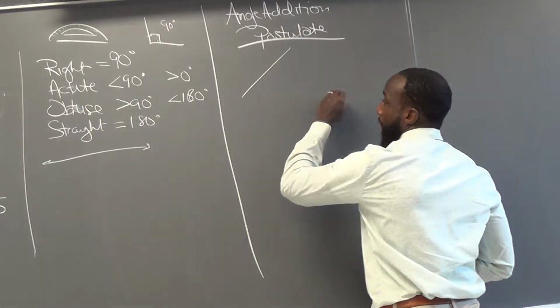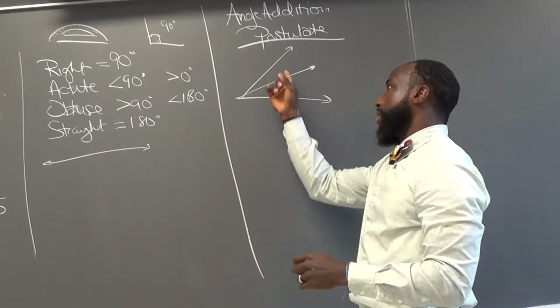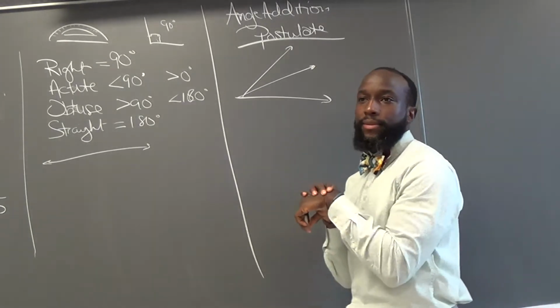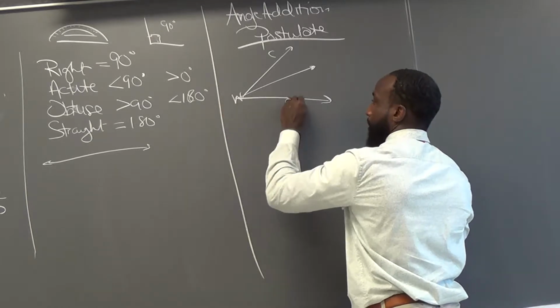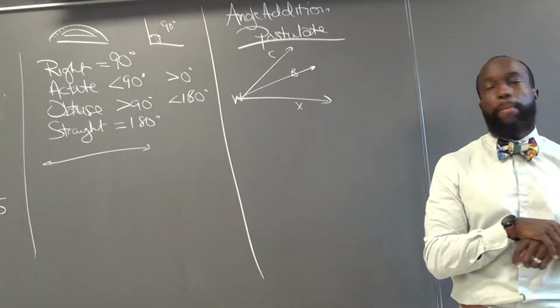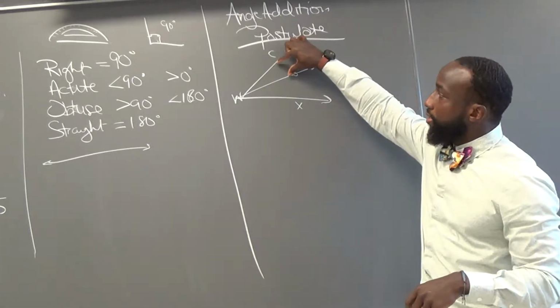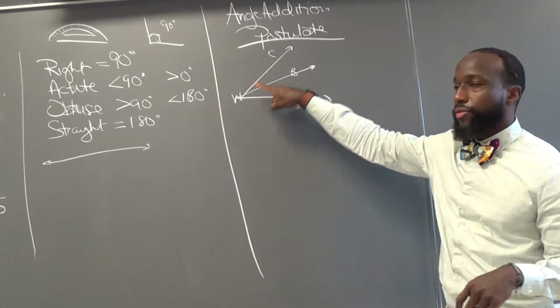So if you have 3 angles here, 1, 2, 3, and you name them, give me some letters. CBD. B. All right. Angle addition postulate basically says this: the sum of this angle plus the sum of that angle equals the whole thing.